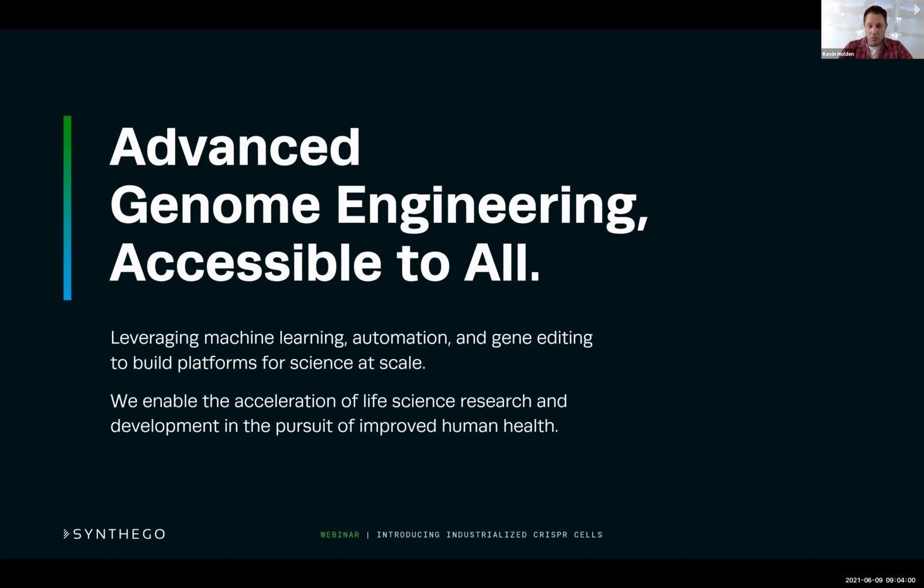So we're really trying to enable the acceleration of life science research through our development processes and these platforms that we've built, really with the goal of trying to improve human health through building the right kind of models and developing the right kind of insights for your research.